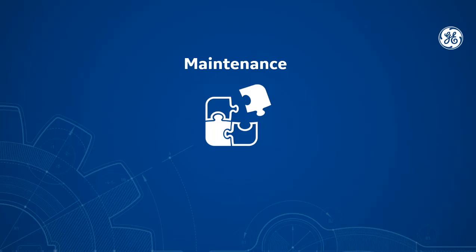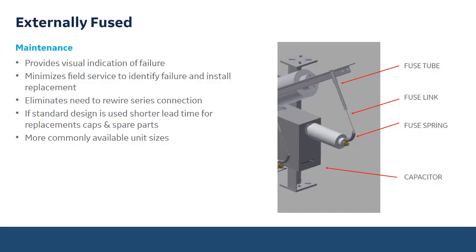And now we can go through some of the typical maintenance involved for these banks. For an externally fused, because you have the fuse tube, the fuse link, and fuse spring outside of the capacitor, it's a first visual indicator of a potential issue.